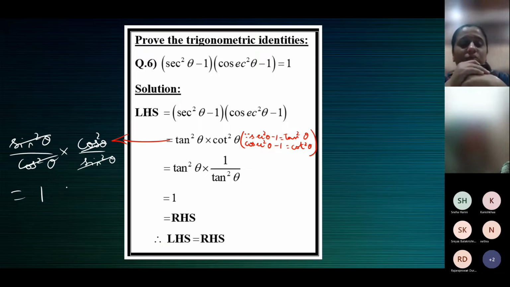Then also they will get cancelled and you will still get 1.